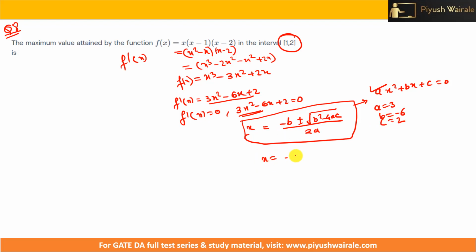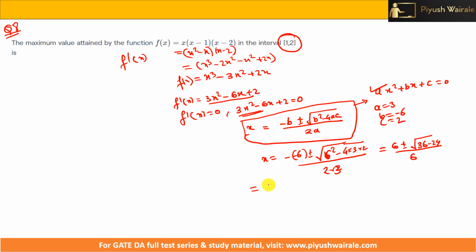That is basically the root. So minus of minus 6, plus minus the square root of b square, that is 6 square, minus 4 into 3 into 2, divided by 2a. What is 2a? 2 into 3, that is 6. So that is 6 plus minus the square root of 36 minus 24, divided by 6.